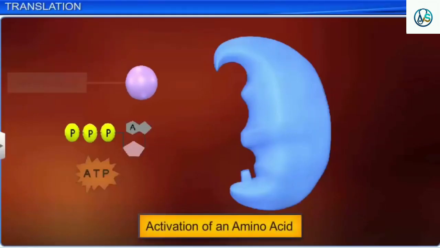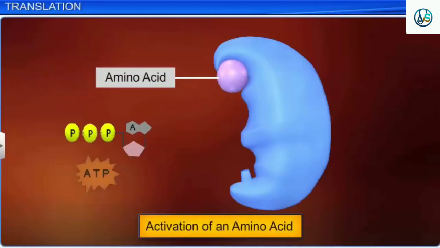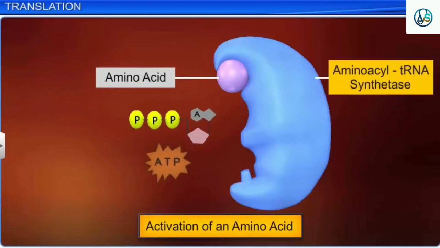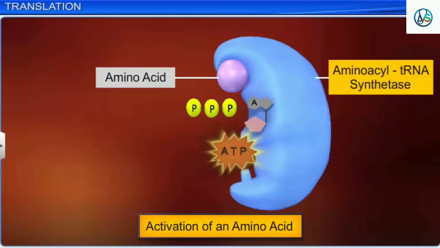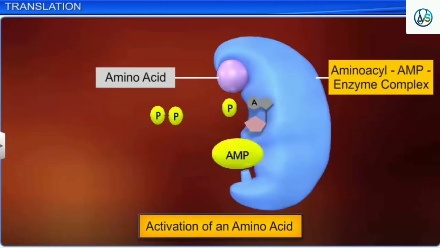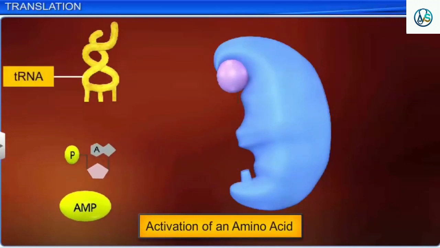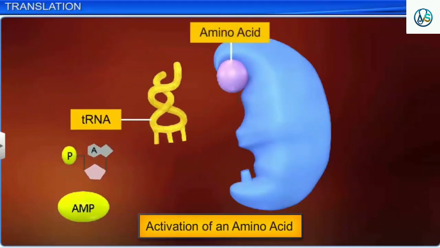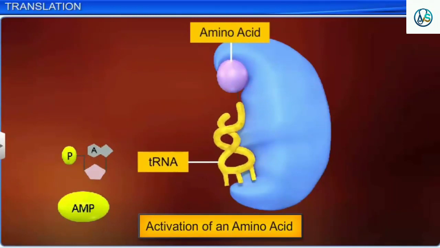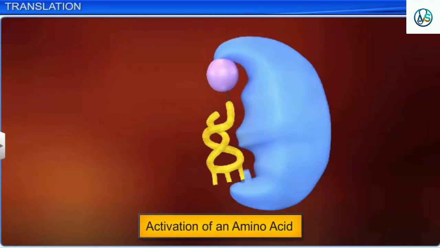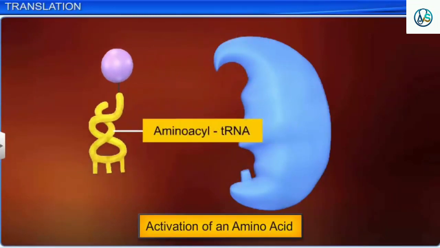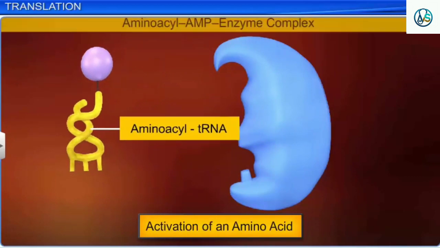During this process, amino acid binds with ATP in the presence of aminoacyl RNA synthetase and is activated into aminoacyl AMP enzyme complex. This complex reacts with tRNA and transfers the amino acid to it. As a result, tRNA becomes activated as aminoacyl tRNA and the enzyme and AMP are liberated.